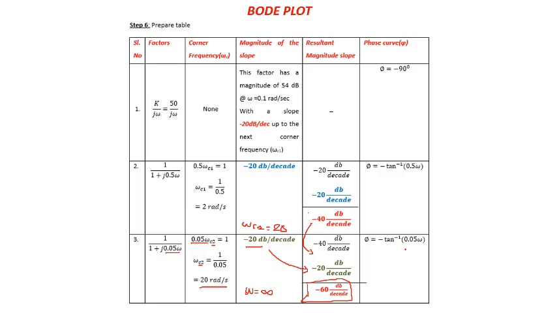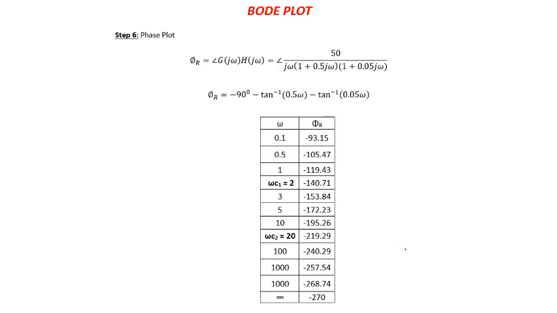Okay, next, coming to the phase plot. As we know, phase phi r can be written as the angle of G(jw)H(jw), equal to the angle of 50 divided by jw (1 plus 0.5 jw)(1 plus 0.05 jw).